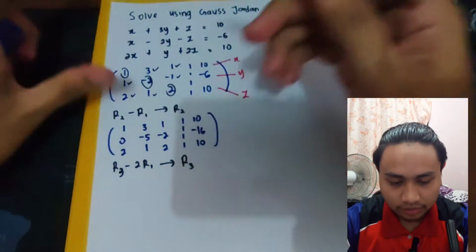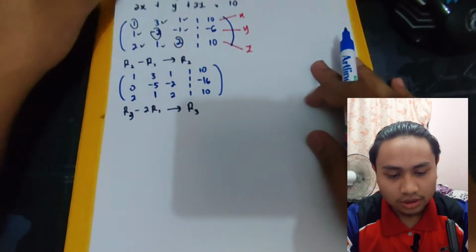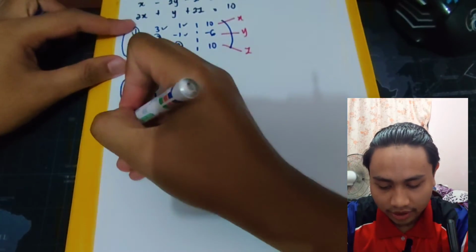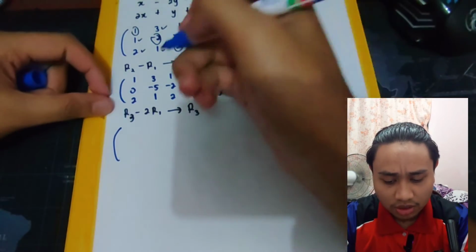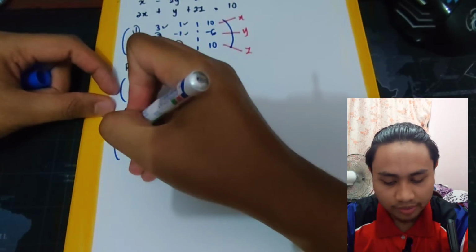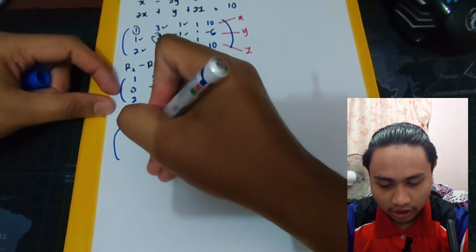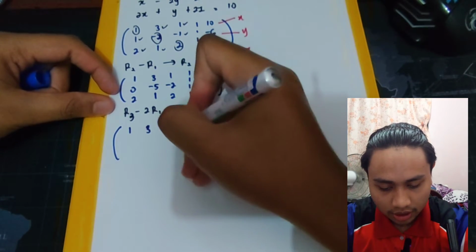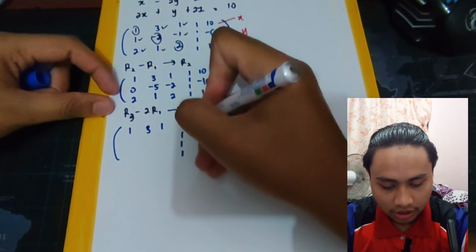So we write row 1 again: 1 3 1, a line, 10.